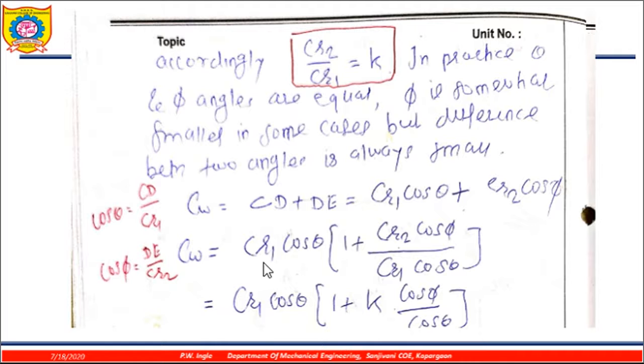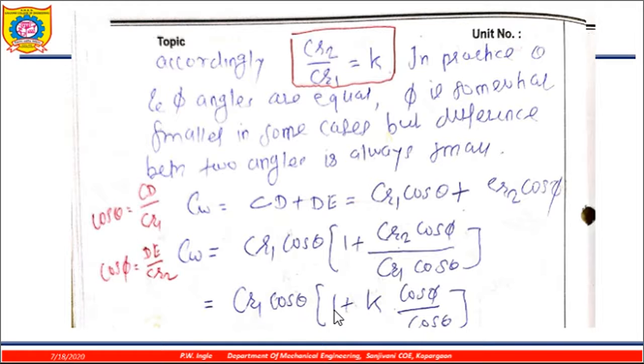Therefore CW equals CR1 cos theta, taking it common, inside the bracket you get 1 plus CR2 cos phi upon CR1 cos theta. This equation is very important. In exams, many times this question was asked: what is the condition for maximum efficiency of an impulse turbine?